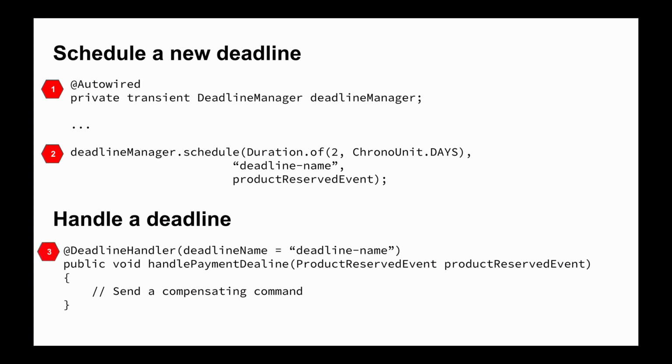To handle a deadline, you'll need to create a method that is annotated with the deadline handler annotation and use the deadline name under which it was initially scheduled. It is up to you what you want to do when a deadline event takes place, but some possible actions could be to send a compensating command, for example, and then also change the state of a property in a Saga instance. Alright, so let's go back to our application, let's schedule a simple deadline and let's see how it works.